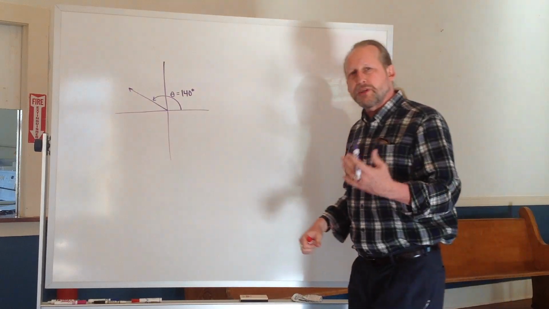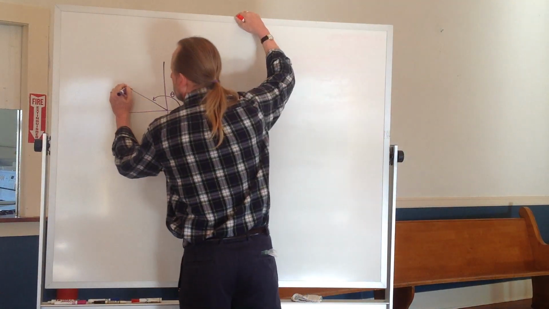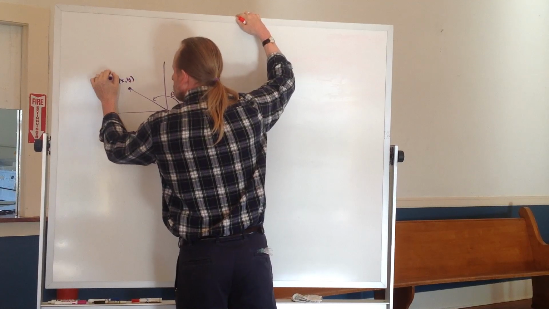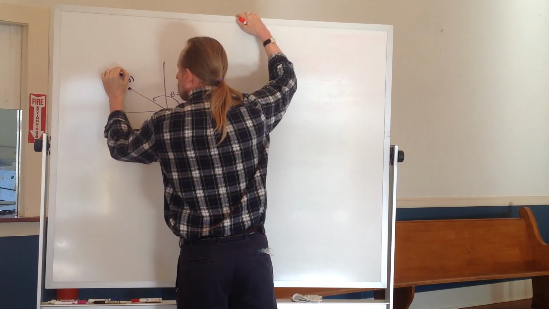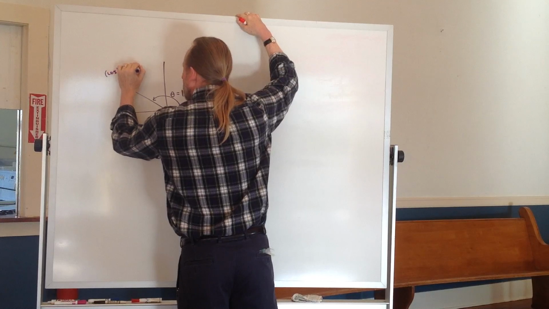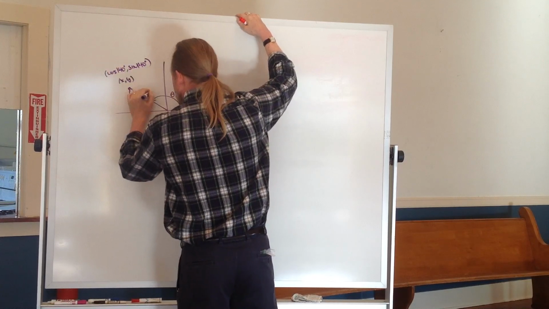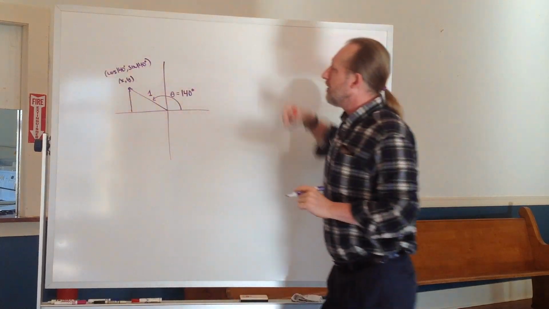So what we do is we create what's called a reference angle. This is still the point x, y. It's still going to represent the cosine of 140 and the sine of 140. This length is still 1.